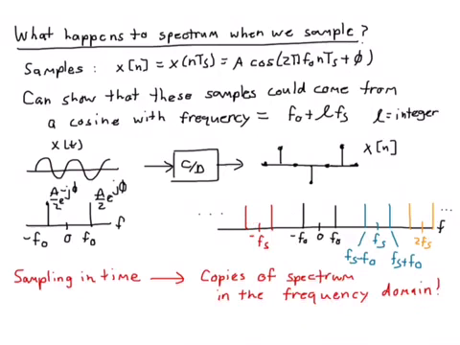So the basic concept illustrated here is that if we sample a signal in time, we get copies of its spectrum in the frequency domain: our original spectrum, and then equally spaced copies centered around f sub s, 2f sub s, 3f sub s, and so on. That's what happens in the frequency domain when we sample in the time domain, and it's a good graphical way to analyze sampling problems.